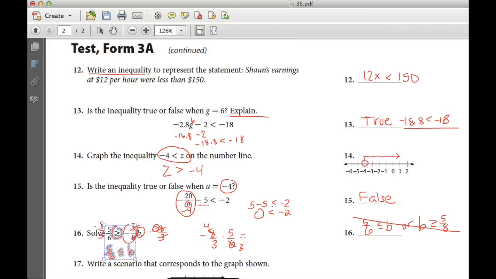Negative 4 times 5 is negative 20/9. So we could say negative 20/9 is less than or equal to b, or b is greater than or equal to negative 20/9. So pay attention to those negatives. Pay attention to performing the operation on both sides of the inequality sign.